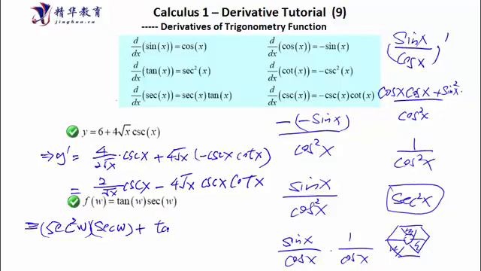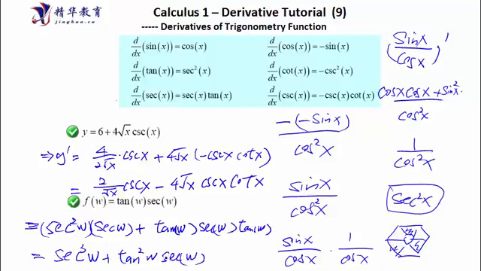Now the tangent w is not changing, and the derivative of secant w is secant w tangent w. Now this is equal to secant cubed w plus tangent squared w secant w. Nothing fancy, we're just applying the formulas and simplifying. Finished. Makes sense?